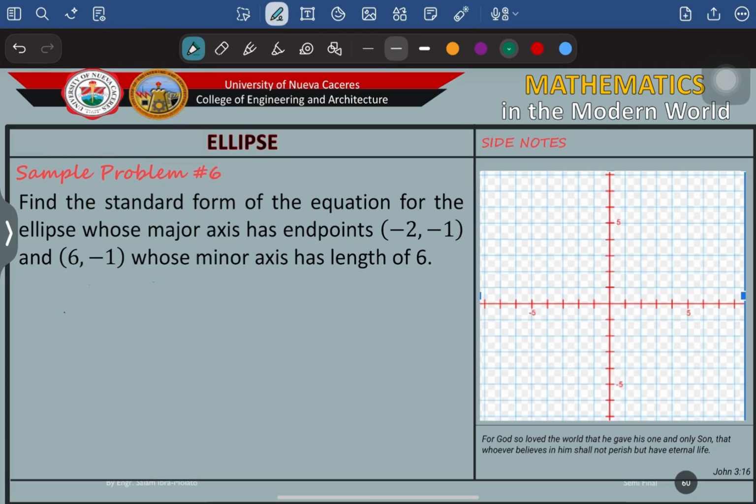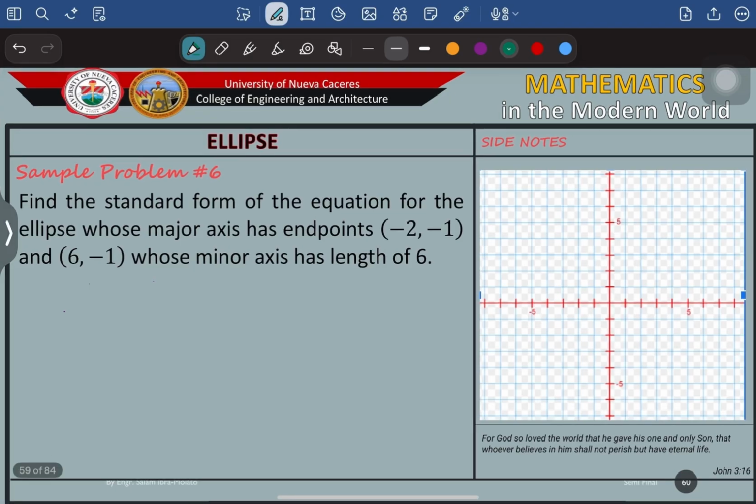The first endpoint is at quadrant 3, so (-2, -1). Then for the second vertex, (6, -1). So these are the vertices for the major axis based on the problem.